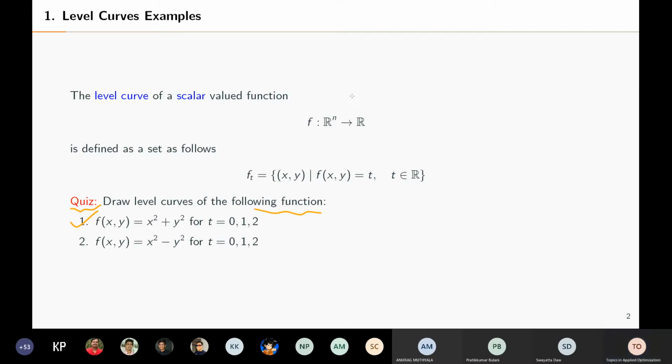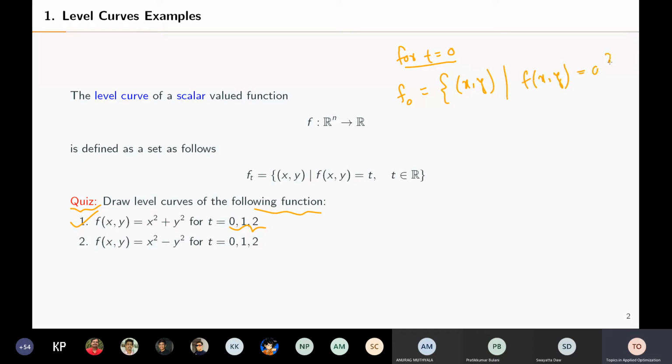So what could be the level curve of this? As we said, t is given to us. So t is 0, 1 or 2. Let us say t equals 0. For t equal to 0, let us compute the level curve, f_0. This is the set of all x, y such that f(x, y) is equal to 0.